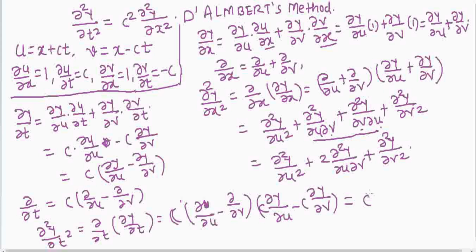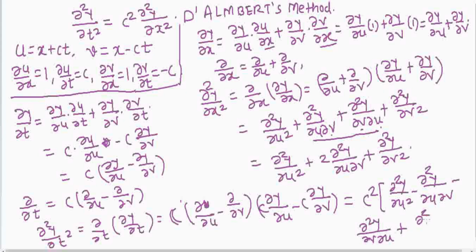This is c square into del 2y divided by del u square minus del 2y divided by del u del v minus del 2y divided by del v del u plus del 2y divided by del v square. So this is the term.